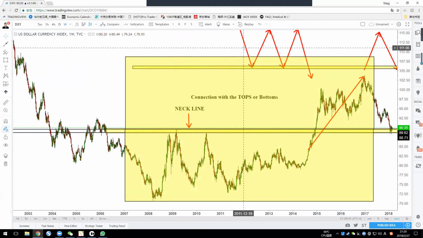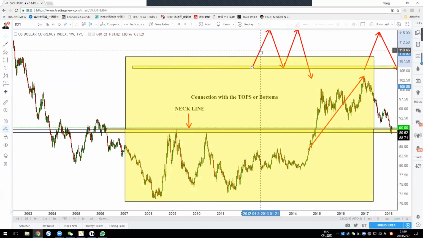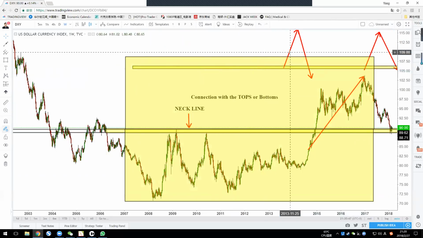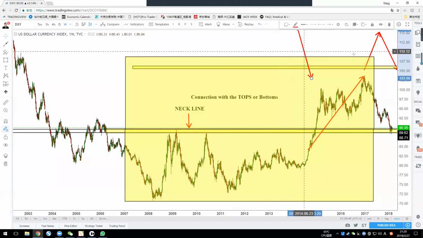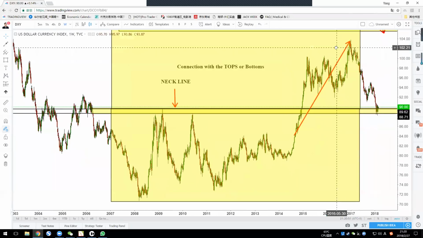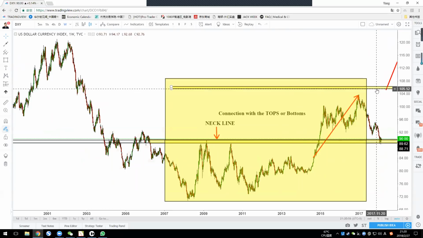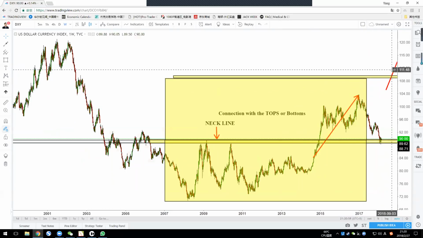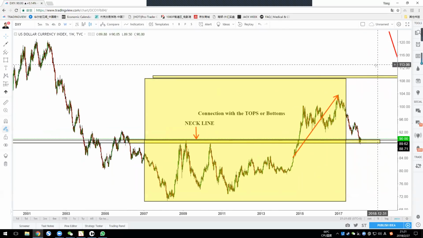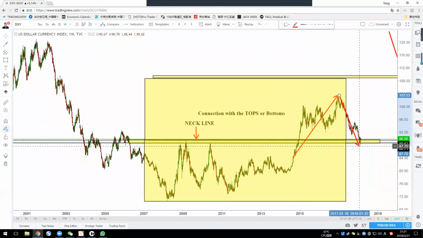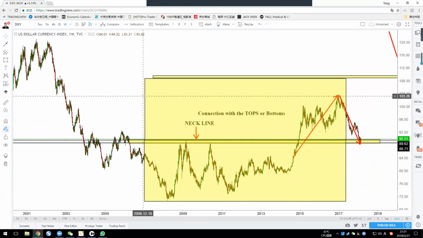This range tells you that the DXY has moved up from the bottom box to another box on top. It may go to 108.88, and now the price has come back to the neckline. So what does this tell you?